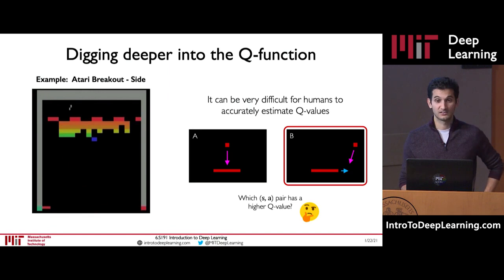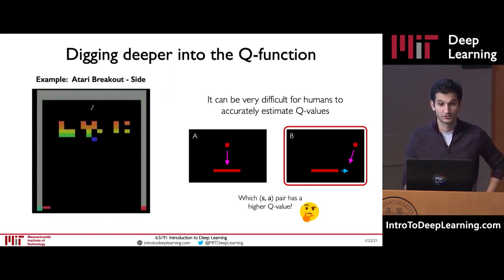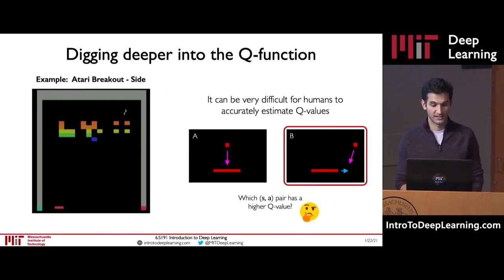Because the second it attacks the edges, it's able to break off a ton of the blocks from the top of the screen just by entering through a small door that it creates in the side of the screen. So this is a very desirable policy for the model, but it's not a very intuitive policy that humans would necessarily think about, that you would need to attack those edges just to unlock this cheat code almost, where you can now start to kill all of the blocks from the top of the screen.